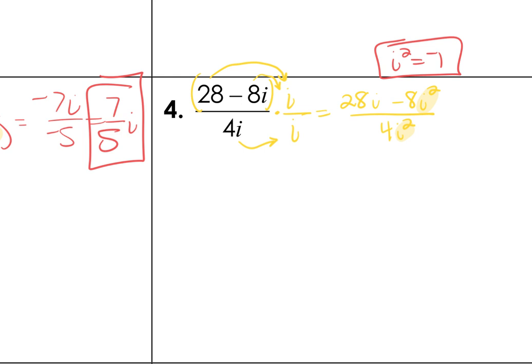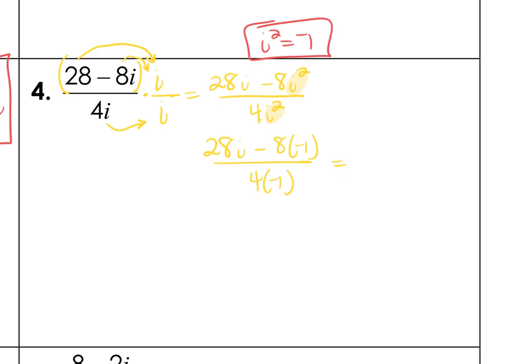So I'm going to get 28i minus 8 times -1 all over 4 times -1. Well, we can simplify. So we get 28i plus 8, plus 8 because your -8 times -1 gets you that +8.